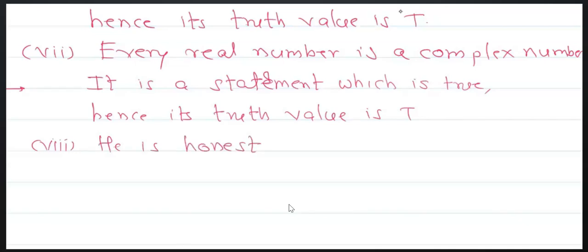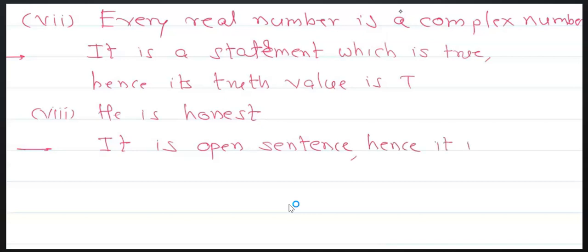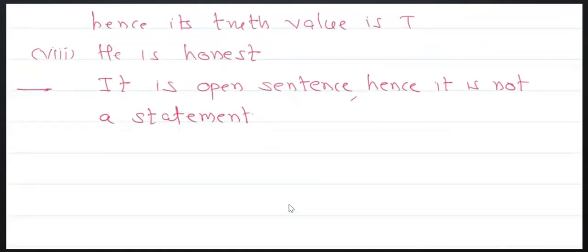He is honest. It is an open sentence. Someone says that person is honest, but a different person will say that he is not honest. Therefore, it depends upon the person.